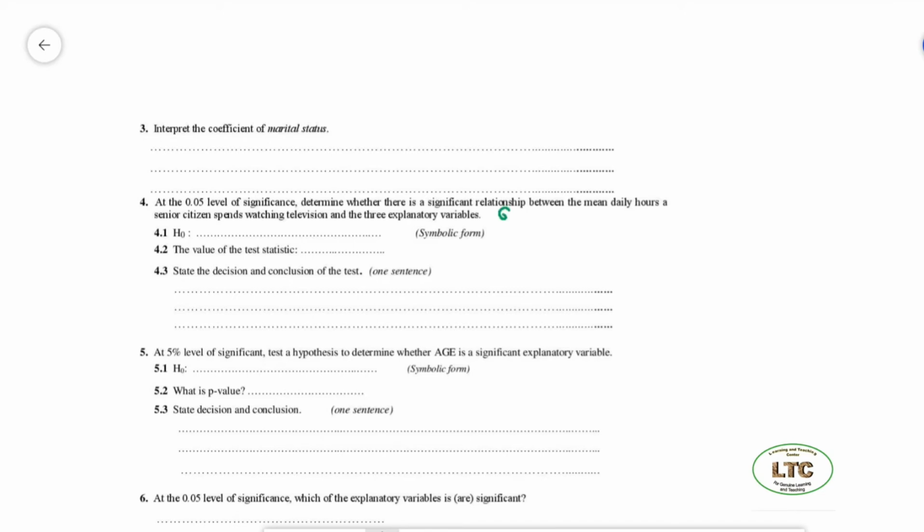This is the global test of significance. F test, degrees of freedom k for the numerator, m minus k minus 1 for the denominator, and right tail. You have to remember this. The F statistic comes from the ANOVA table.